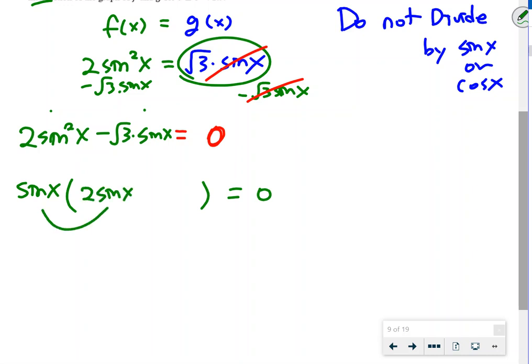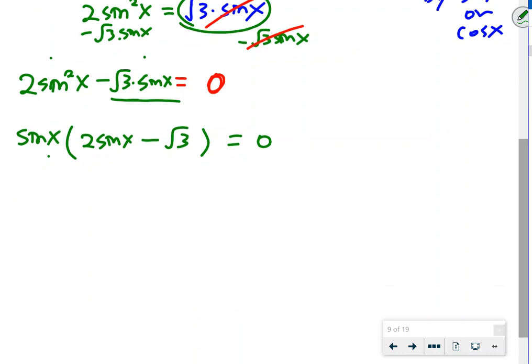When you multiply these two, going back to 2 sine squared x, you need to have a remaining term 2 sine x inside. Minus, when you multiply these two, I'm going back to this, so this one has to be minus radical 3. Again, it's like putting x minus 1, x plus 3 in parentheses in algebra.